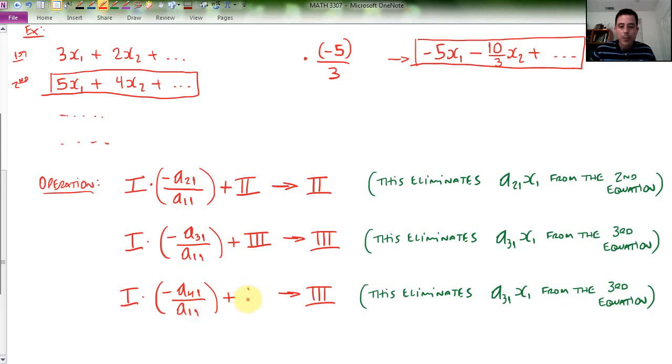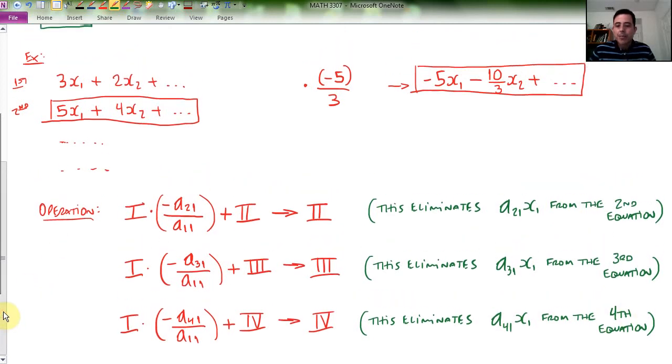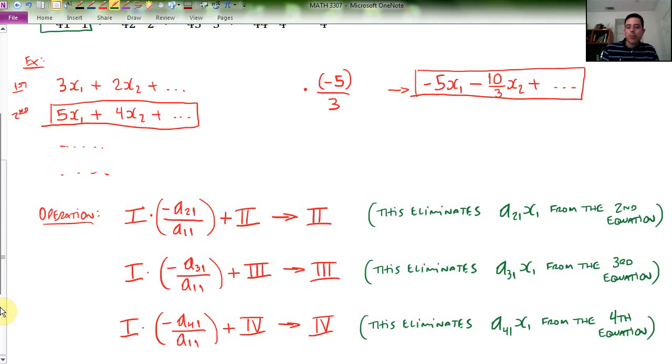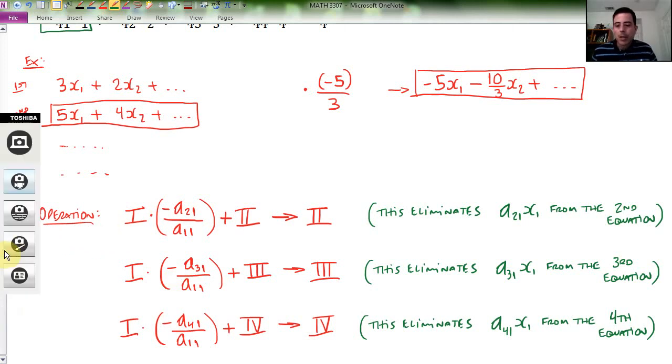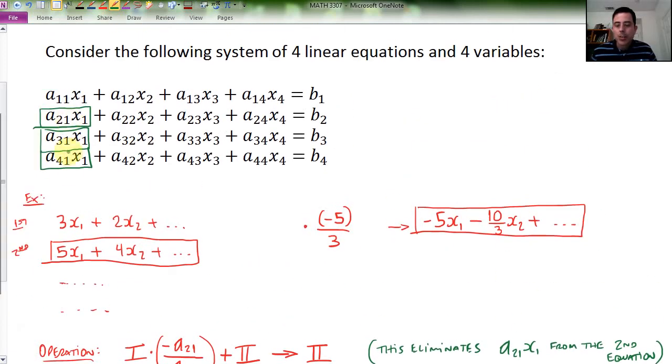Add that to the fourth equation and replace the fourth equation by that result. This will eliminate a41 from the fourth equation. Right. So that's the first bunch of operations that we do to eliminate these coefficients here.